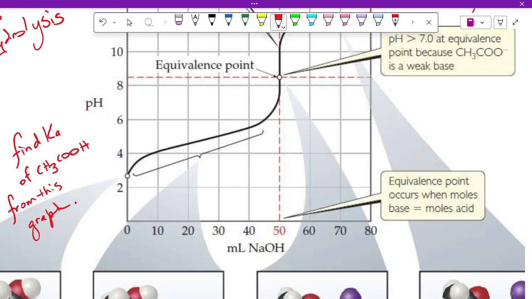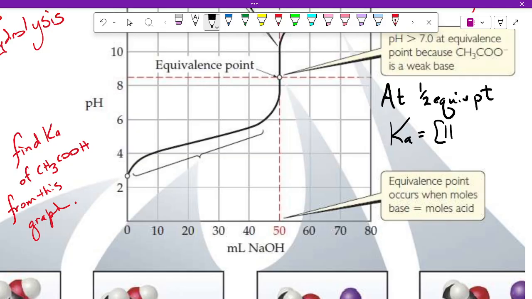We don't want to go to the equivalence point. We want to go to the half equivalence point. What is true at the half equivalence point? Ka is equal to the concentration of H plus.